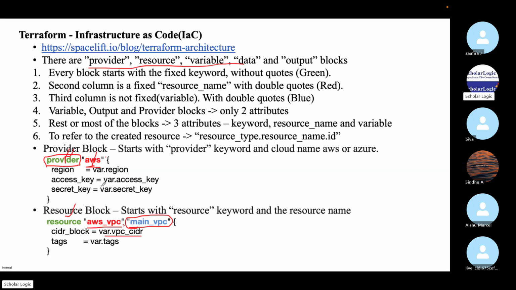Similarly, var.access_key is the reference to the access key that is created in the variables block. Var is pointing to the variable object. Whatever is created using variable is a var object, var.access_key.